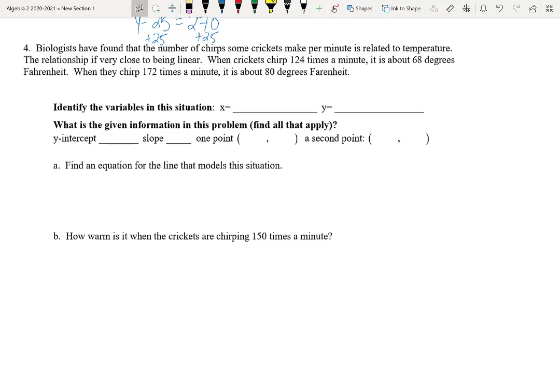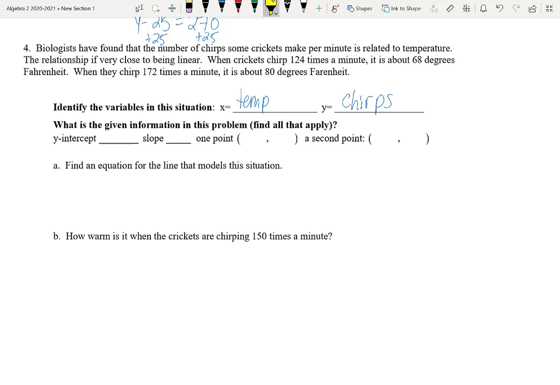But when you think about that logically, that's absurd. The number of times a cricket chirps per minute is not going to change the temperature of the room. The cricket is chirping at a particular rate based on the temperature it's experiencing. So in this case, my x value is actually going to be temperature, and my y value is going to be chirps.